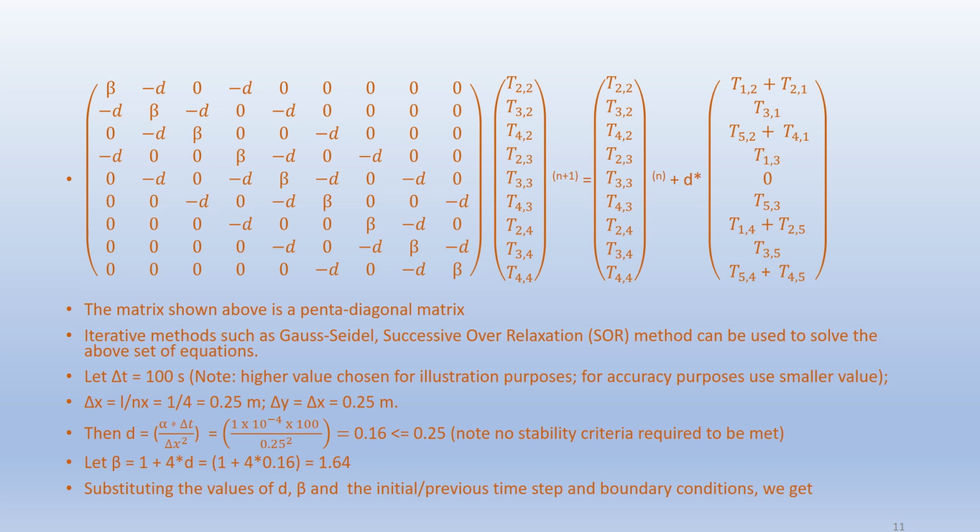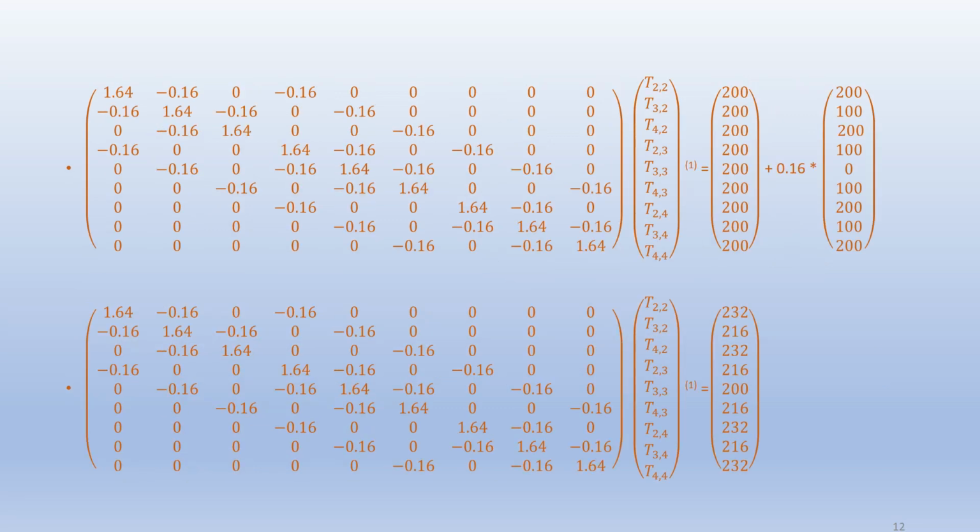We will now substitute the values of d, beta, the initial and previous time step, and boundary conditions into the above set of equations. We then get the equations arranged in a matrix form as shown here. We can then solve the above set of equations using one of the methods, such as SOR.